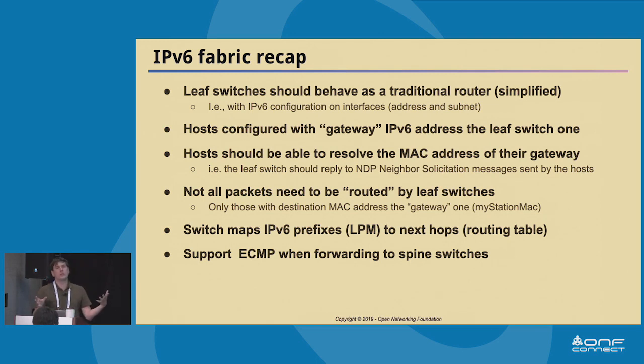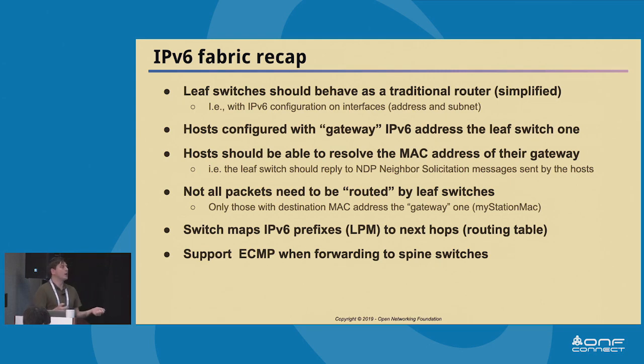Hosts attached to the leaves should be configured with the gateway IPv6 address, the one you assign to the leaf. This way, the host should be able to route packets through its gateway, which is the leaf switch in this case. Because of this, hosts should be able to resolve the MAC address of their gateway, meaning that the leaf switch should be able to reply to NDP neighbor solicitation messages sent by the host.